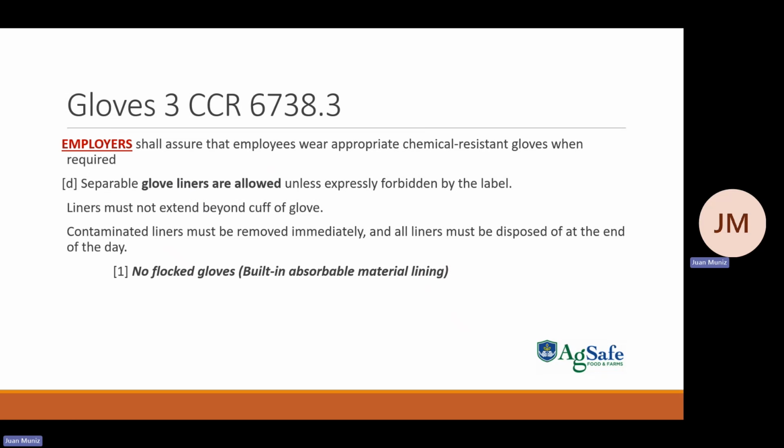Okay, so continuing with the gloves conversation, specifically Title 3, California Code of Regulations 6738.3. Employers shall assure that employees wear appropriate chemical resistant gloves when required, and that under section D, separable glove liners. If your gloves come with inserts, any kind of lining of that glove that is removable, right?